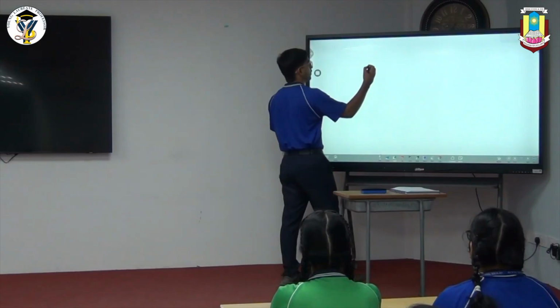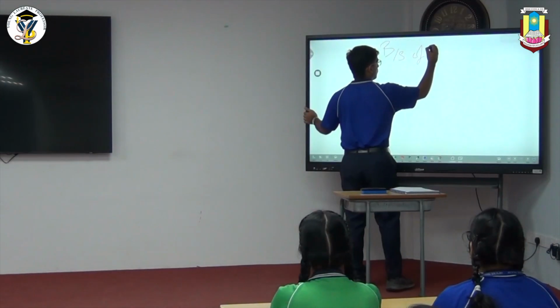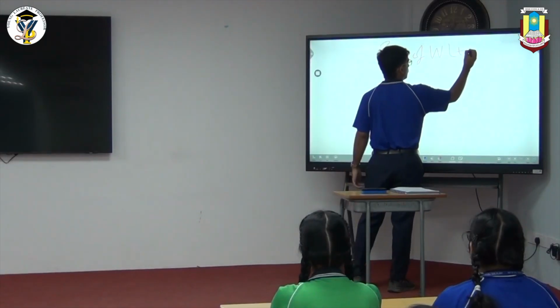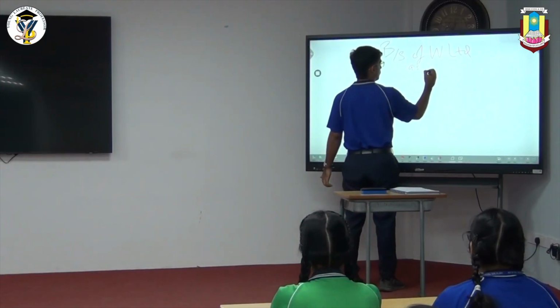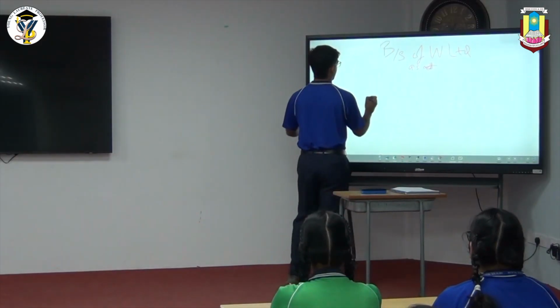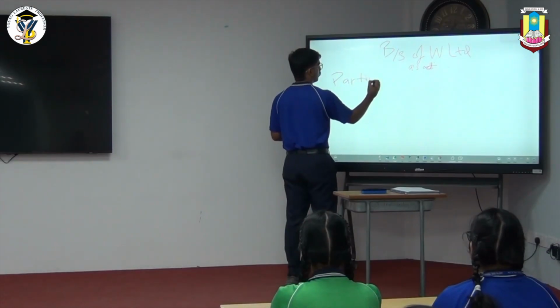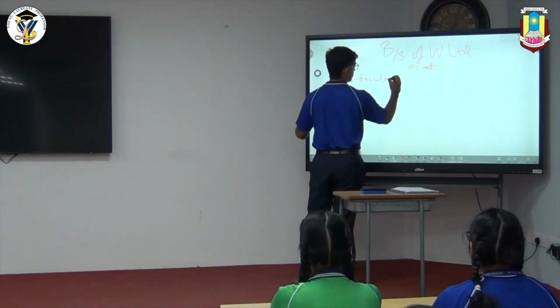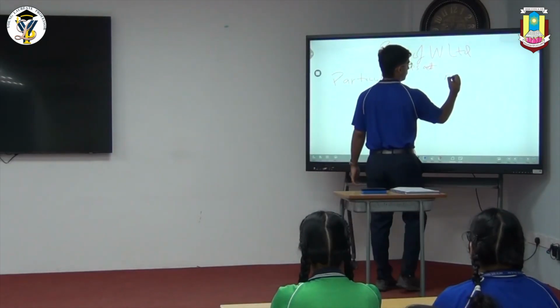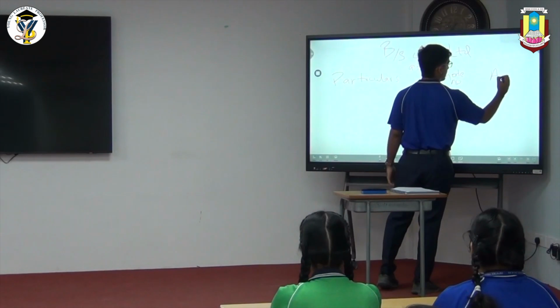Now, show the share capital in balance sheet. Let's prepare the balance sheet of W Limited first. Here we have 3 columns. First one we have particulars, then we have the note number, and finally the amount.